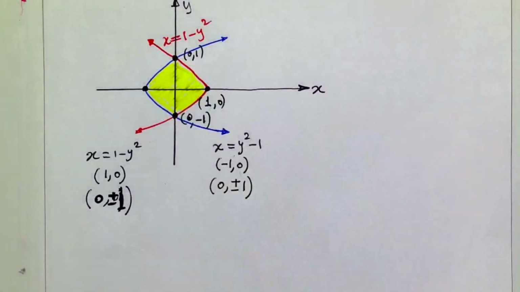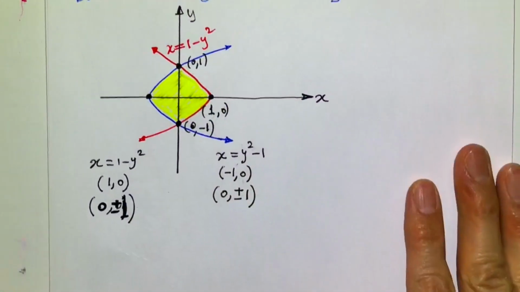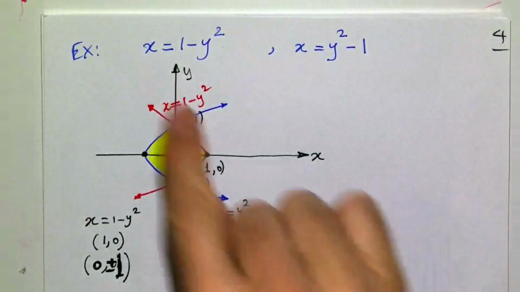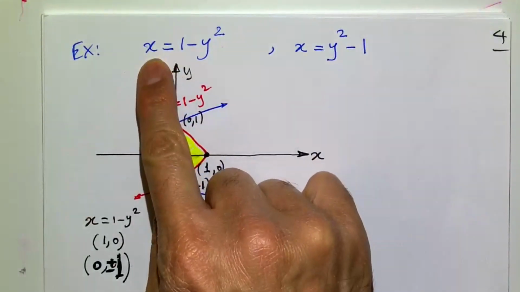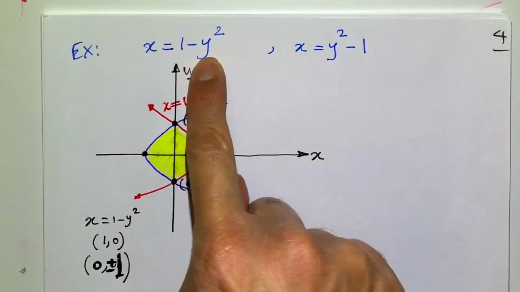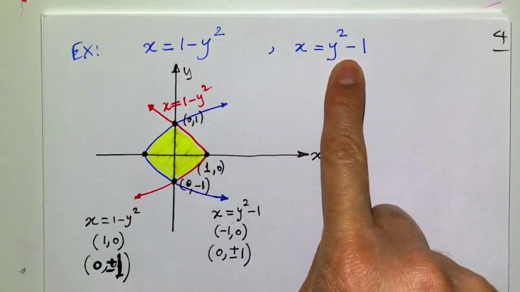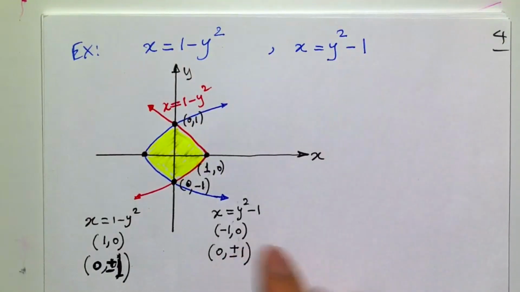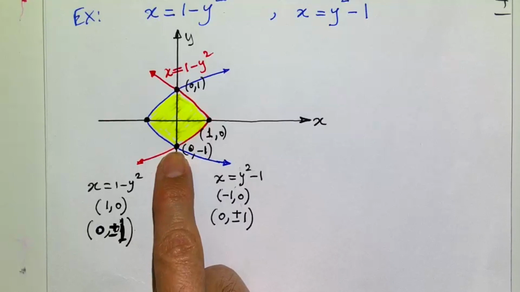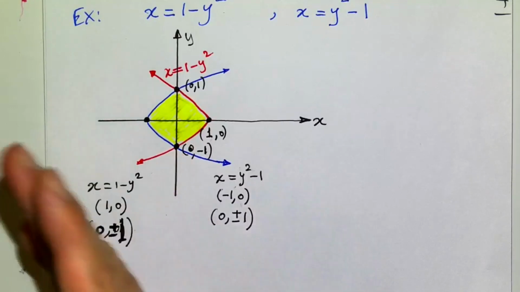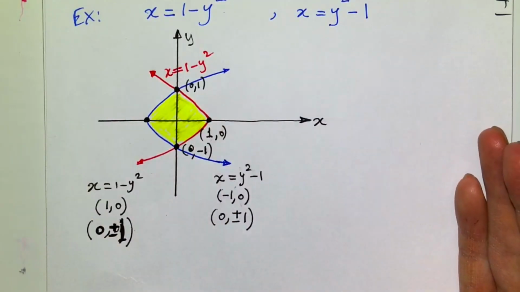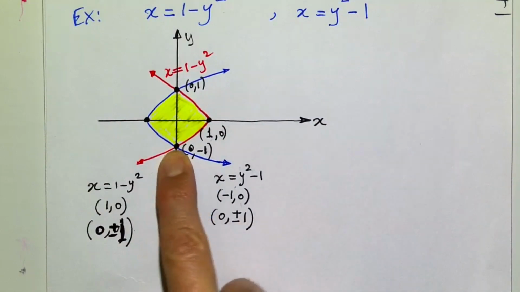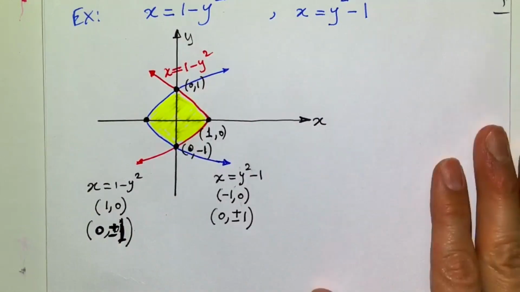Okay, all right, great. So these two functions, both of them are x, given in terms of y. In this case, if we wanted to integrate along the x-axis, we could. If we want to integrate along the y-axis, we can.